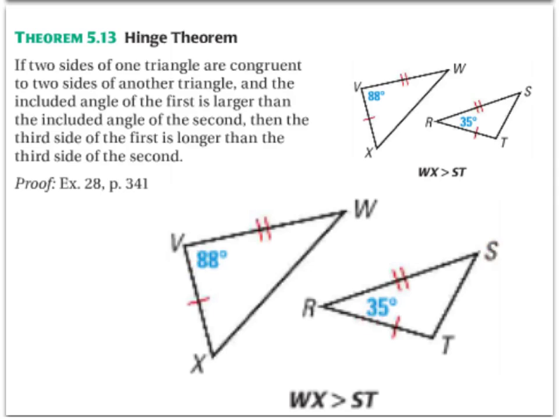So in this case, angle V is 88 degrees and angle R is 35 degrees. Then the triangle with the larger included angle has a longer side, XW, than does the other triangle with the smaller included angle and opposite side, ST.